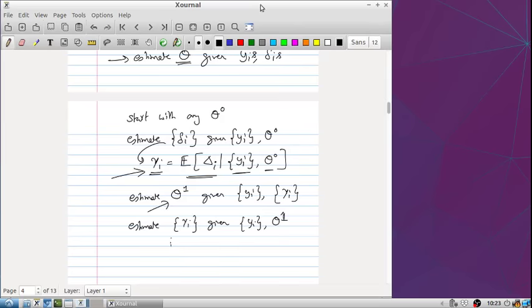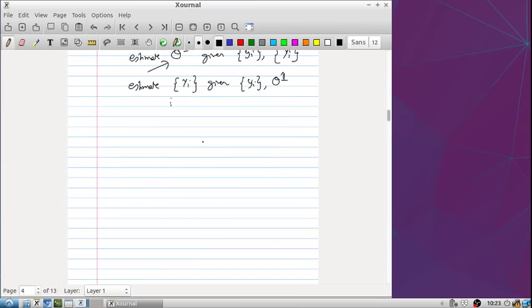I wanted to show why EM works. I just made a claim that if you do EM, you're working with some other likelihood, the joint likelihood of observed data and some hallucinated data.